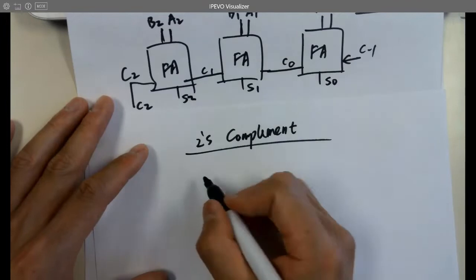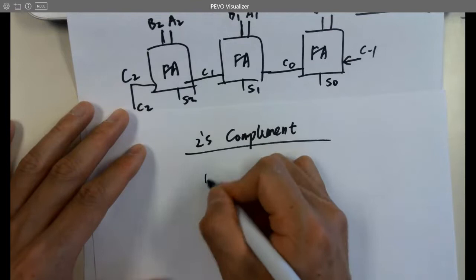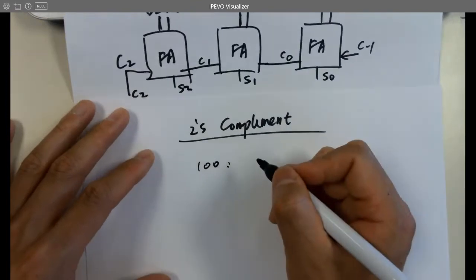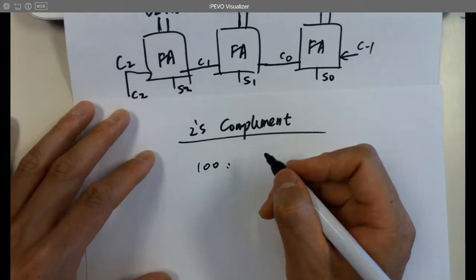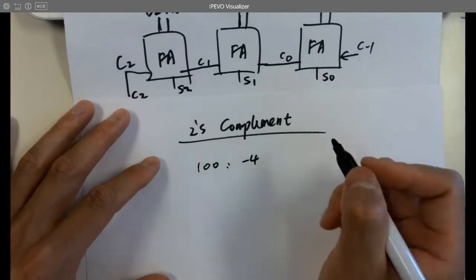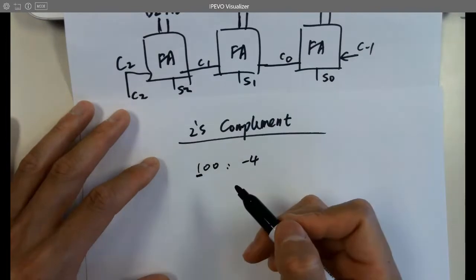If we are talking about signed binary numbers, if I have 100, what does this number represent? So the best way to look at it is, what is this number here?